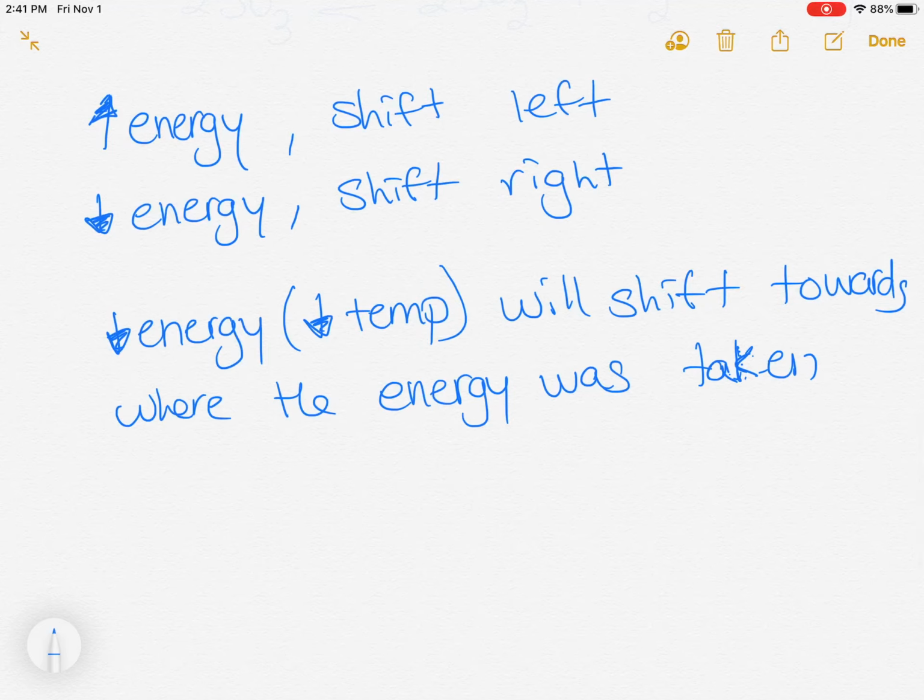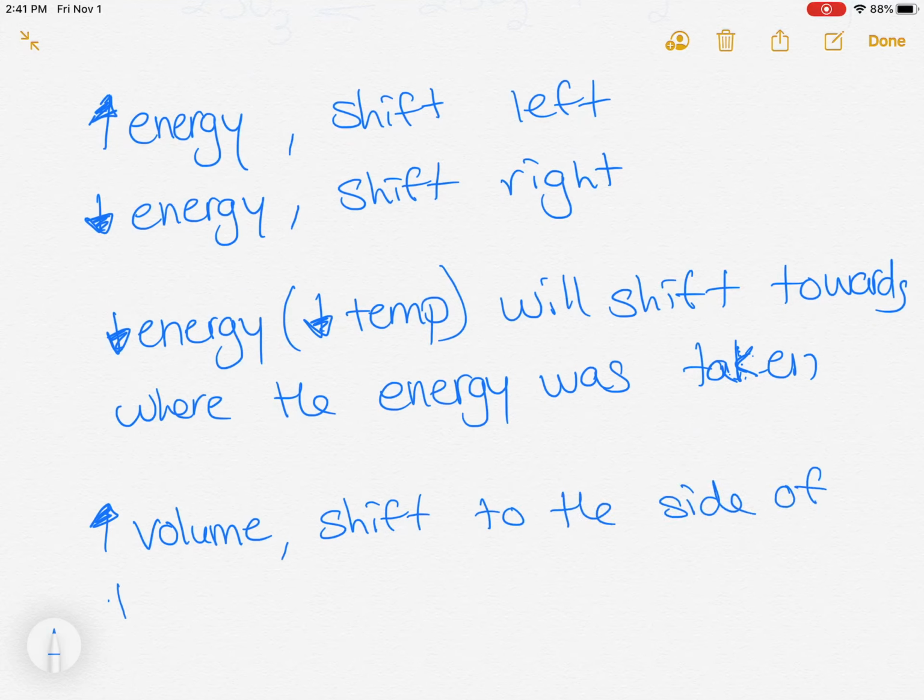Other changes that we can make to our reaction could be changes in volume. When we increase the volume, we will shift to the side of the reaction that has more gas molecules.